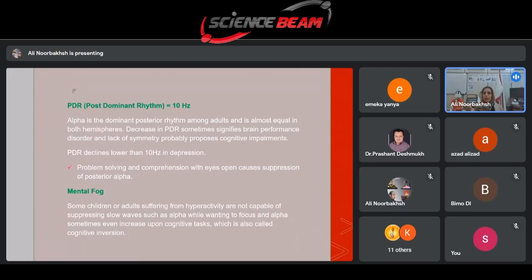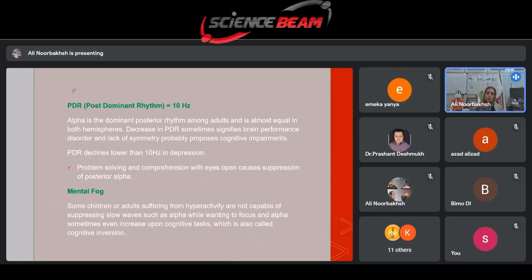Problem solving and comprehension with eyes open cause suppression of posterior alpha, because when we open our eyes, alpha should be blocked. If a person cannot do that, it's related to mental fog.